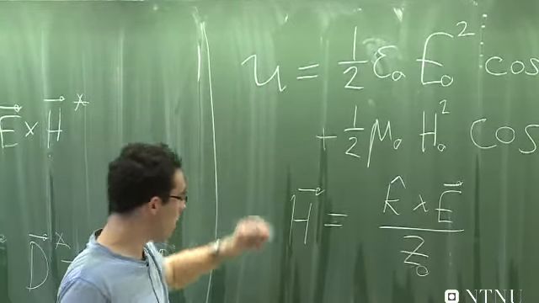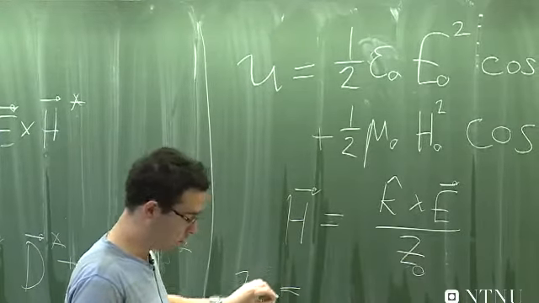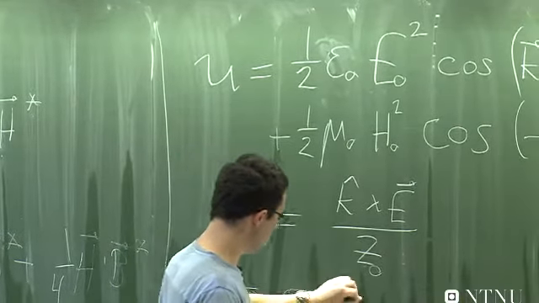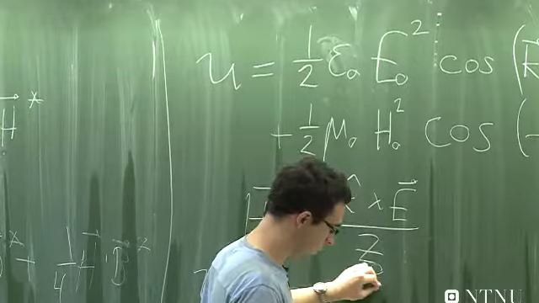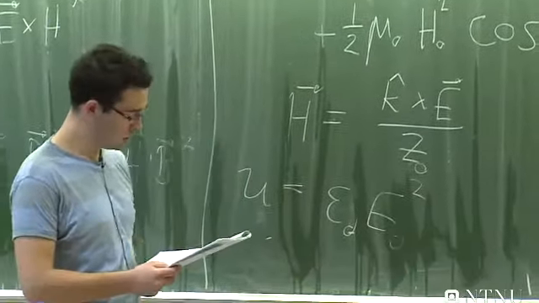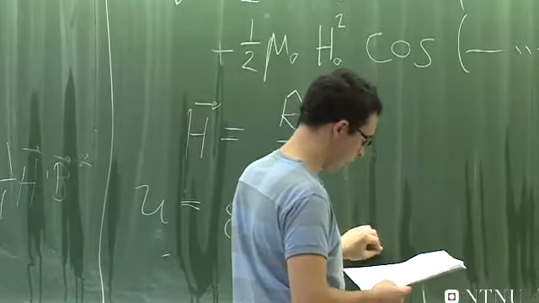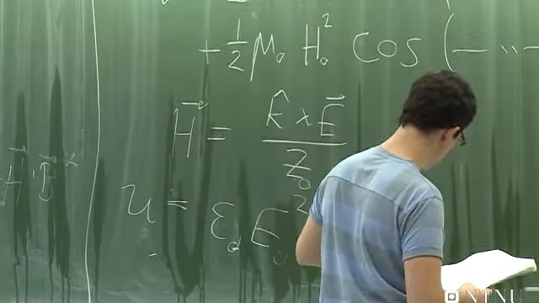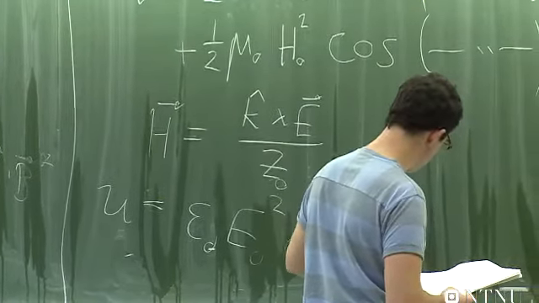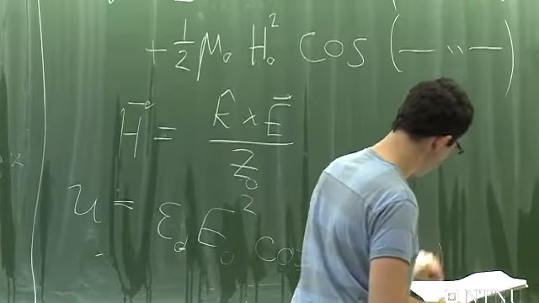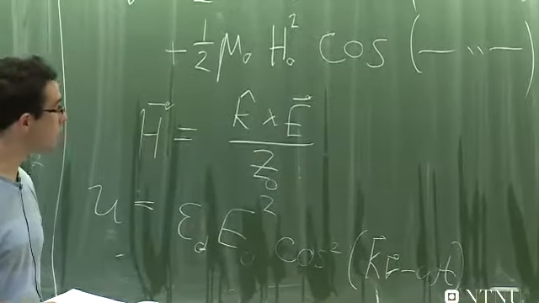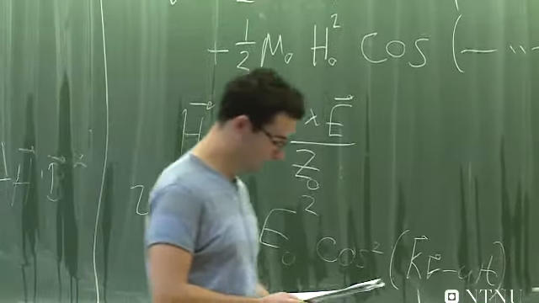And then if I insert this, I get that U is equal to epsilon naught E naught square without the half, and the cosine square of the kr minus omega t. Okay?